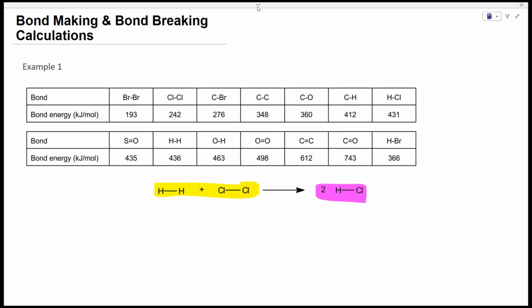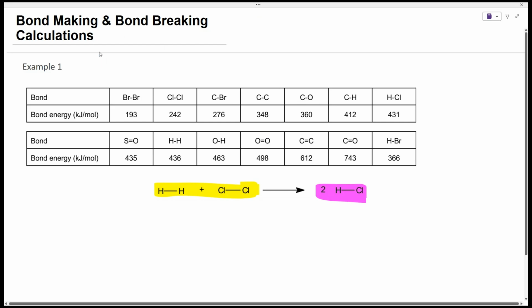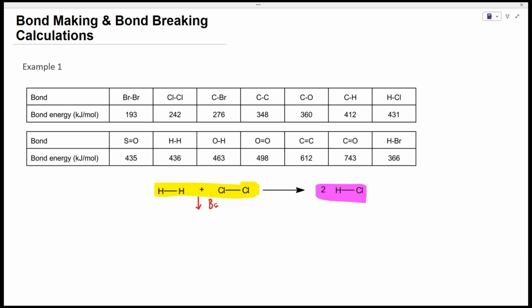And then we'll proceed to work out the first part, which is my bond breaking. So this side here is my bond breaking side. These are the bonds that I'm going to have to break first of all. So hopefully we can all see there's one hydrogen to hydrogen bond, which is equal to 1 multiplied by 436.